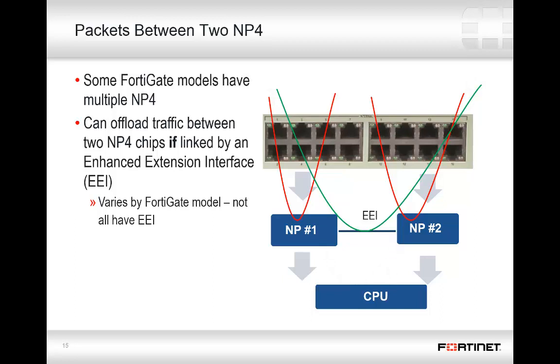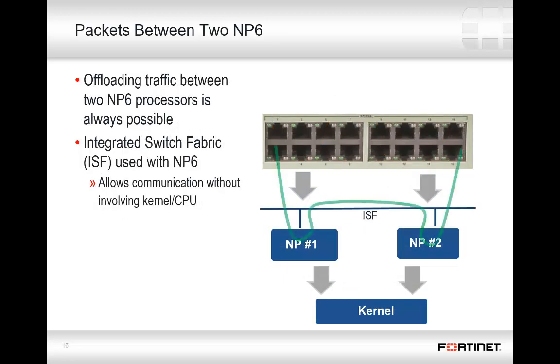Why? On those models, additional circuitry called Enhanced Extension Interface, or EEI, interconnects the NP4s. So the NP4s can communicate, and the kernel can offload the session even if the ingress and egress involve separate NP chips. What about NP6?